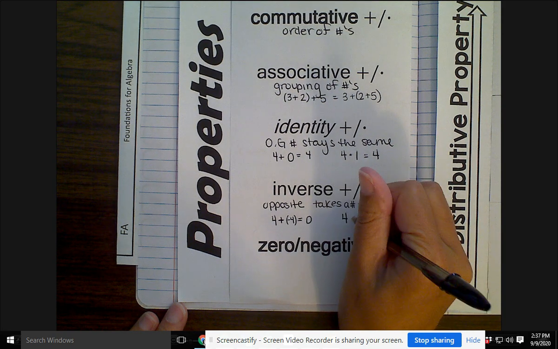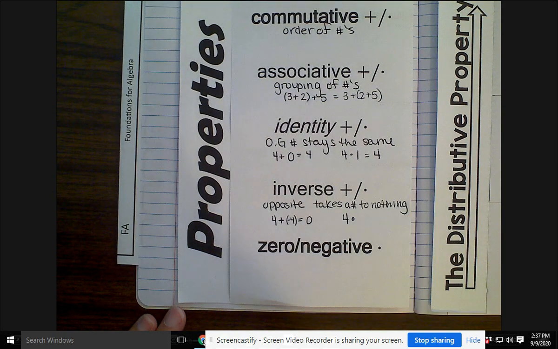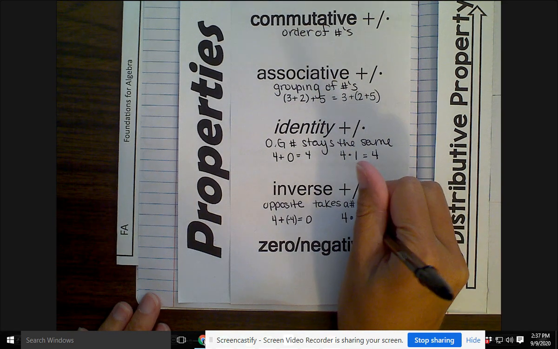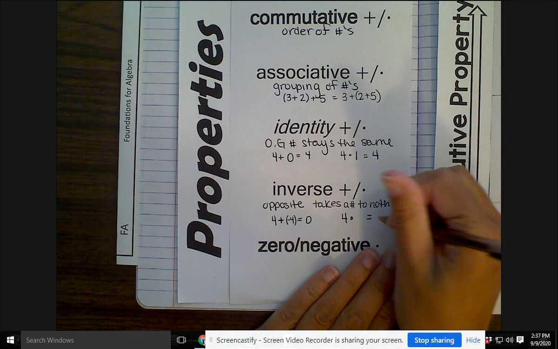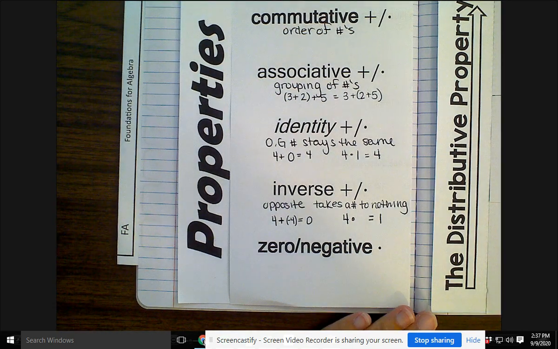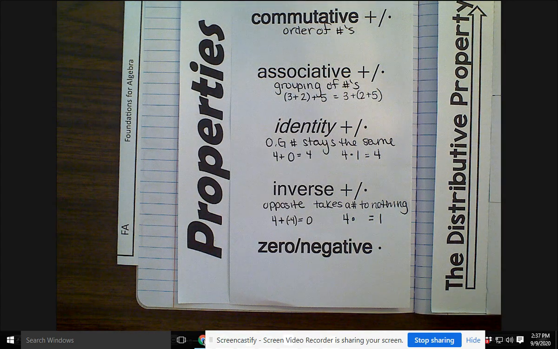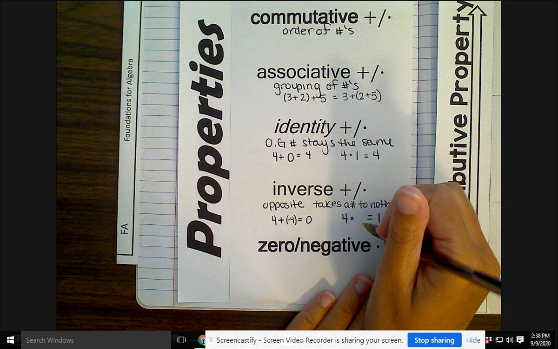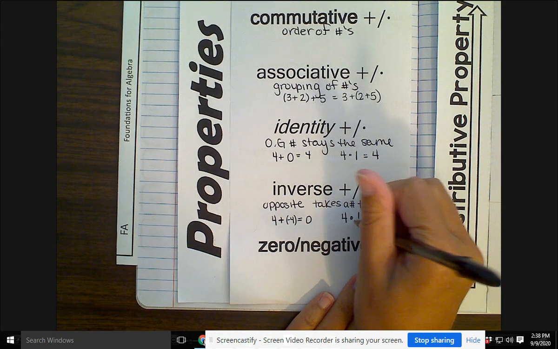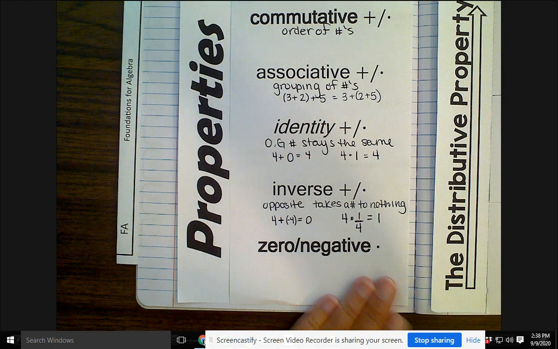If I'm the number 4 and I need to multiply by something to be nothing, I don't want to be nothing in the sense that I'm 0. I want that number to go away, and I want it to be just 1 that I'm left with. And so this one's a little bit trickier. If I need to multiply 4 by a number to be 1, I actually have to multiply by a small number, a fractional number, one of my favorite types of numbers, fractions, and that's a fourth.